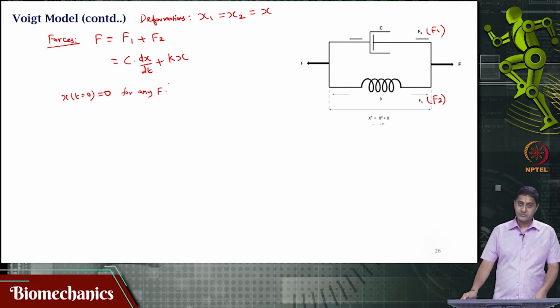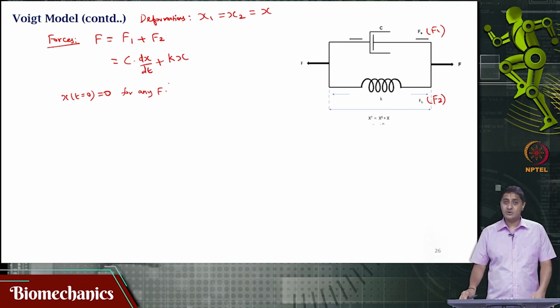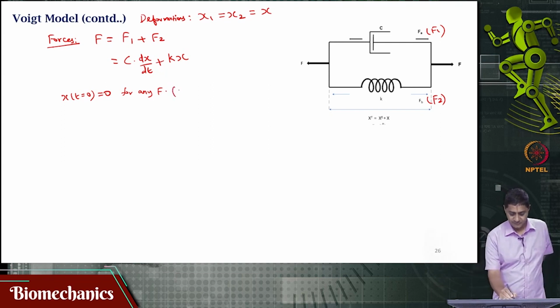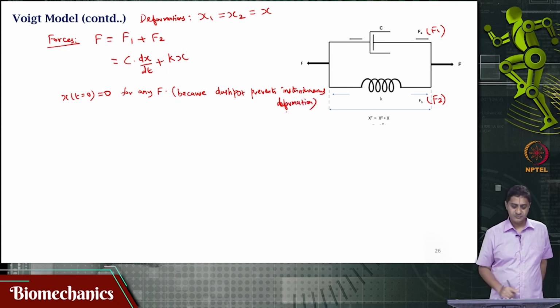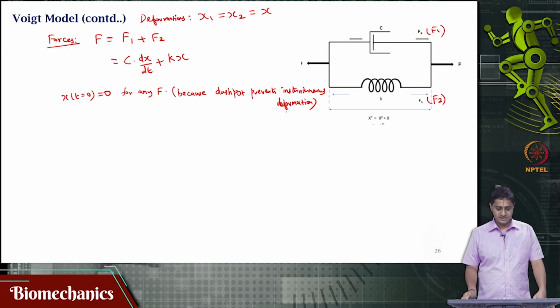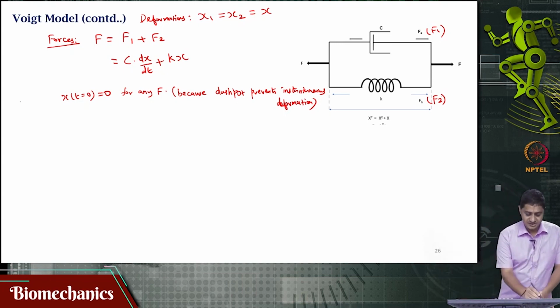Why is this the case? Because although the spring will immediately start to deform, the dashpot as a whole prevents any instantaneous deformation, okay. All right, this is the initial condition.